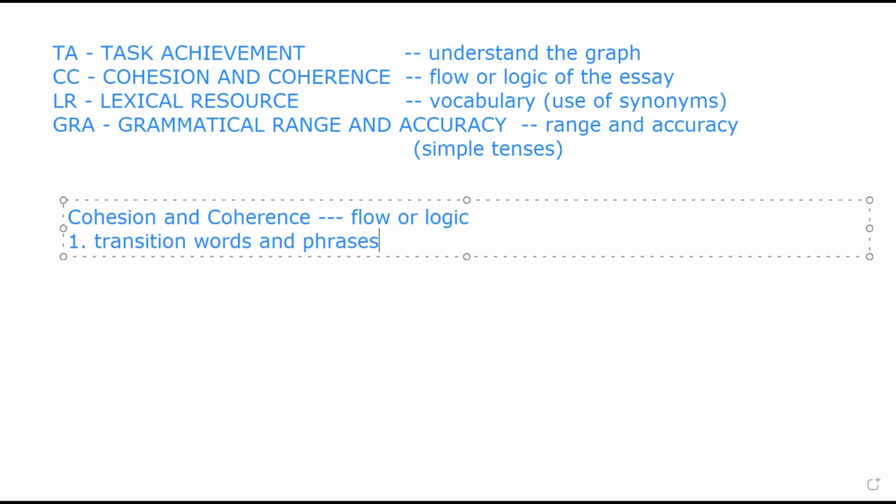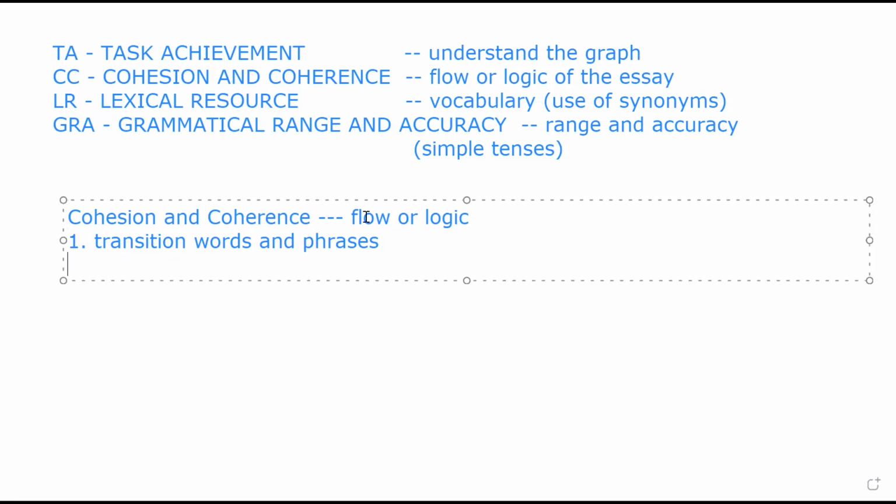There is more than transition words and phrases. Okay. And transition words and phrases are one thing only. All right. Now for cohesion and coherence in writing task 1, what we need to check here also is the words that show comparison. Okay.